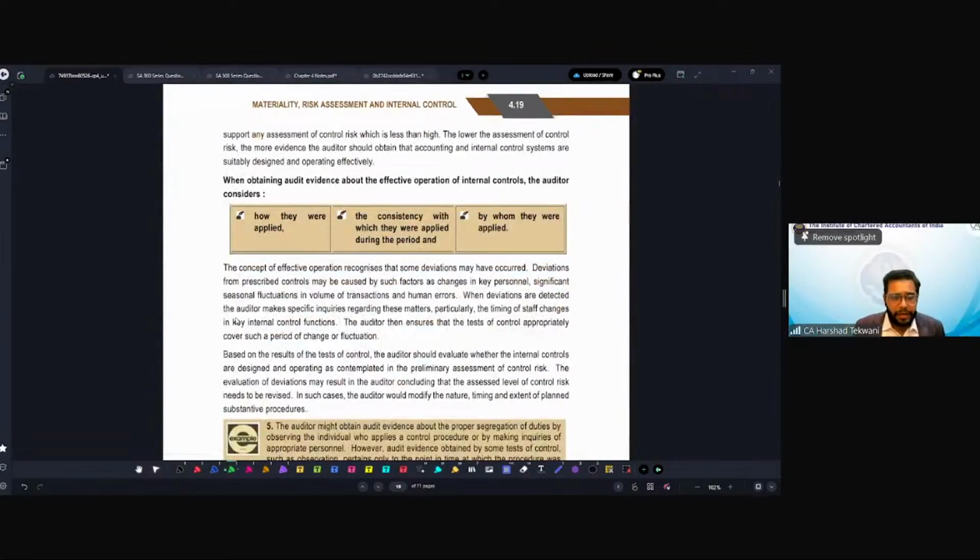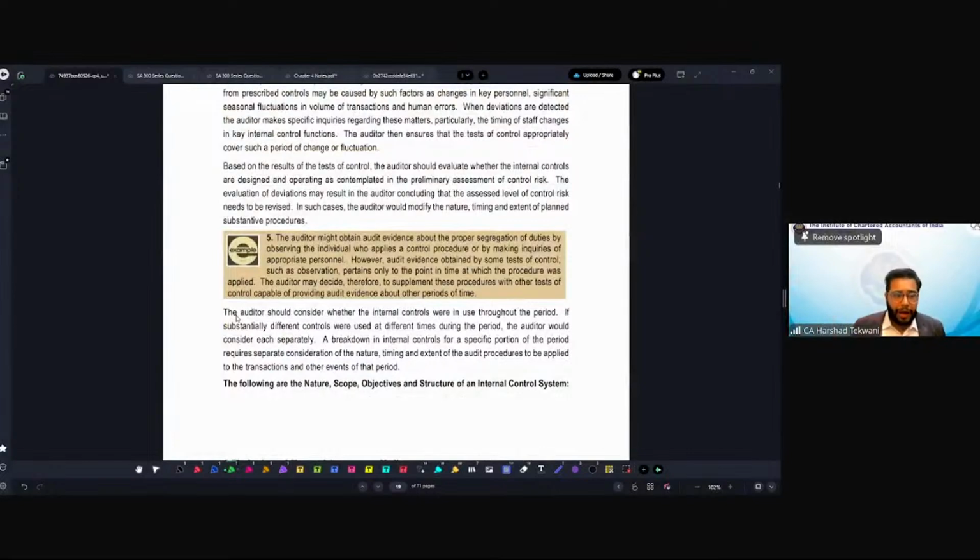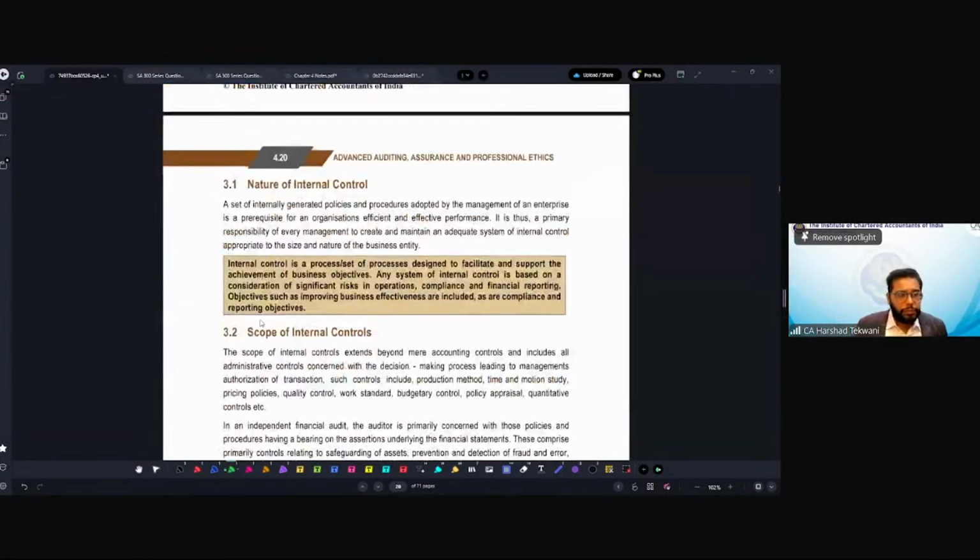So what are internal controls, how their components are, how their nature is. Nature of internal controls, basically performance based, what is the type, what is the nature, basically how internal controls work.